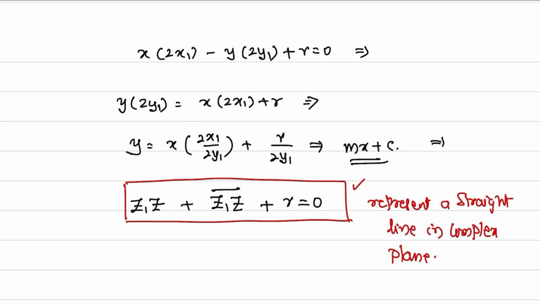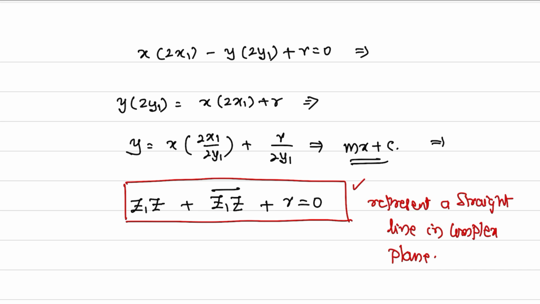In JEE Mains or JEE Advanced, rather JEE Mains, the question can be asked: write the equation of a straight line, and a point Z1 is given. Then this is how you have to write the equation of a straight line. They can ask what is the slope of the straight line by giving Z1 in the complex plane.